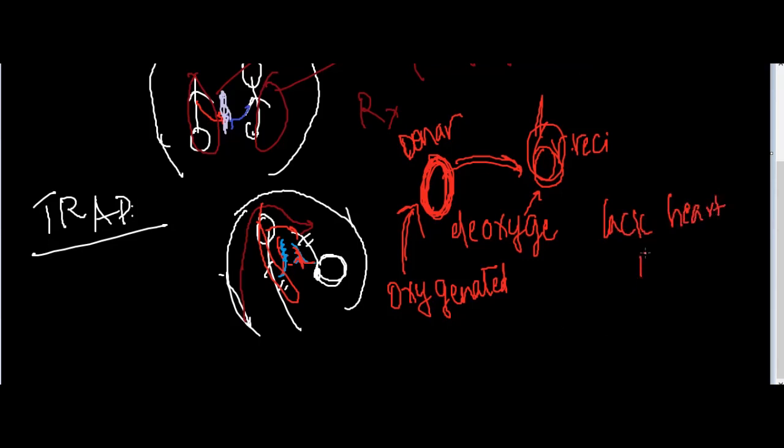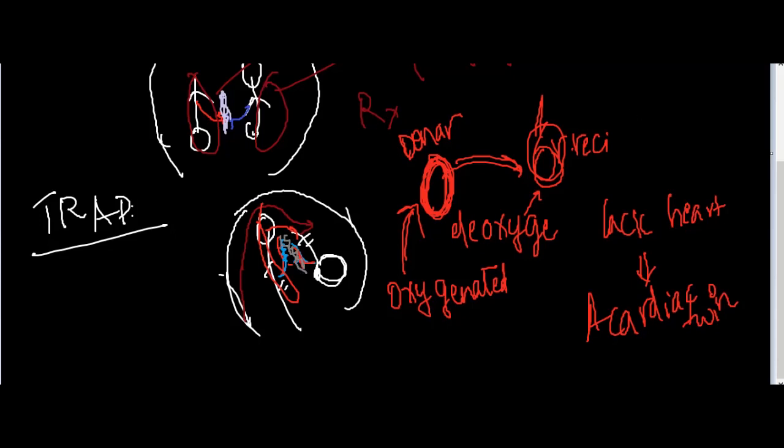So that is the reason this recipient twin is called an acardiac twin, that is, absence of heart. Okay, so how are you going to treat it? Treatment is expectant management, or you can just laser ablate these vessels. So this is about twin reversed arterial perfusion syndrome.